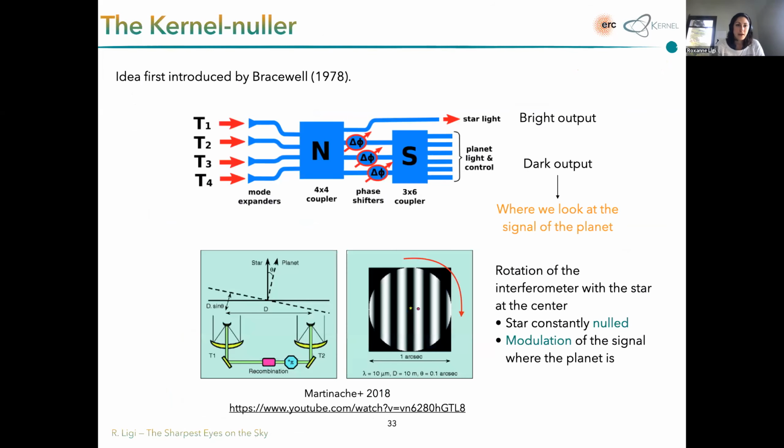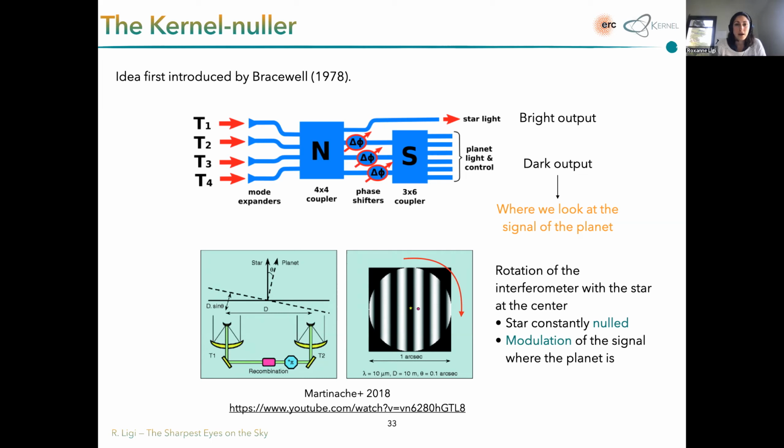And just to finish, I would say 2 words about the kernel nuller. The kernel nuller is an idea that was first introduced in the 80s. The idea is to cancel the light of a star and make a modulation to find the exoplanet. For example, if you have 4 telescopes, one bright output will be where the light comes out, and the other channels, the dark outputs, will be used to find the exoplanet.